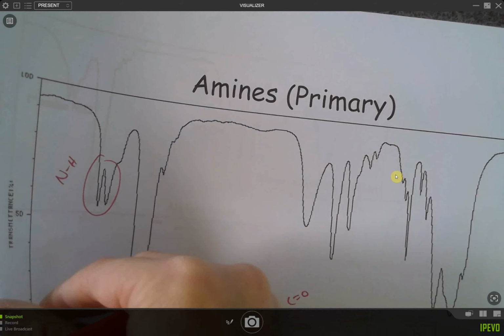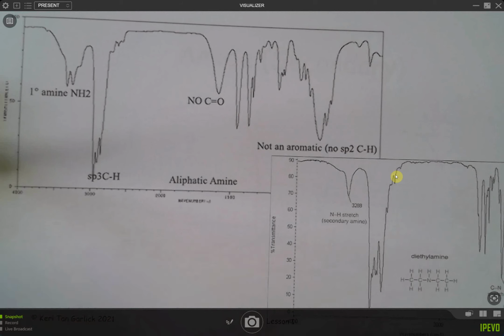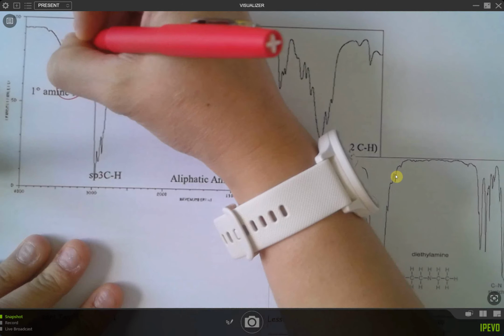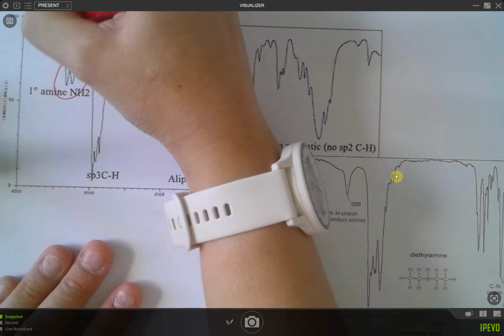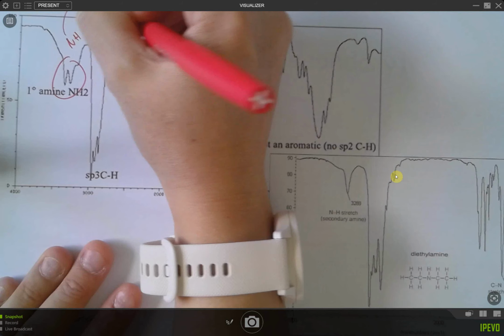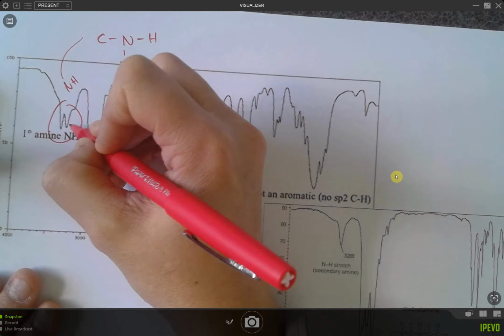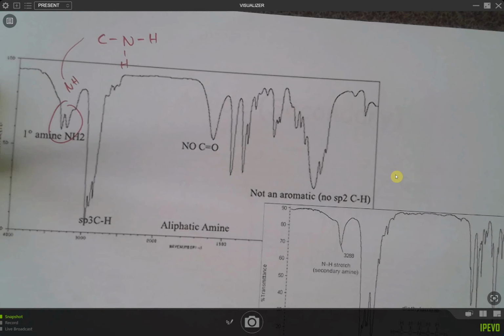All right, now I want to show you the difference between a primary and a secondary amine. So this here is a primary. And you have to remember with the primary, you have a carbon, a nitrogen, a hydrogen, and a hydrogen. So you see how there's a double peak? It's because you have two nitrogen-hydrogen bonds.